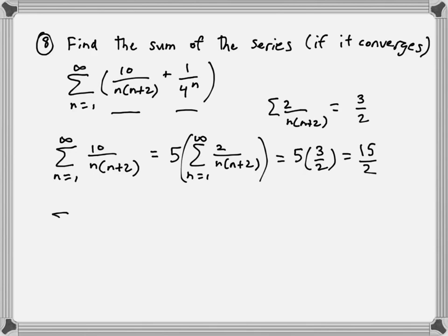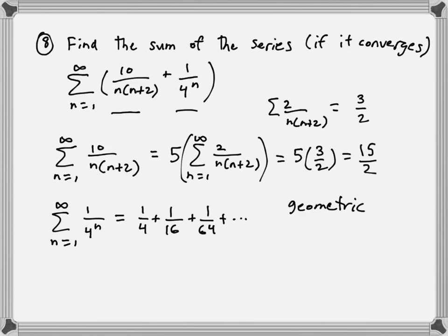Now, what about this guy? Well, if you look at what this series is, it's 1/4 plus 1/16 plus 1/64 plus. We have not done this series yet. However, it's easy to tell that this is geometric. Okay, what is our ratio? Well, we're multiplying by 1/4 each time, right? So r is equal to 1/4.